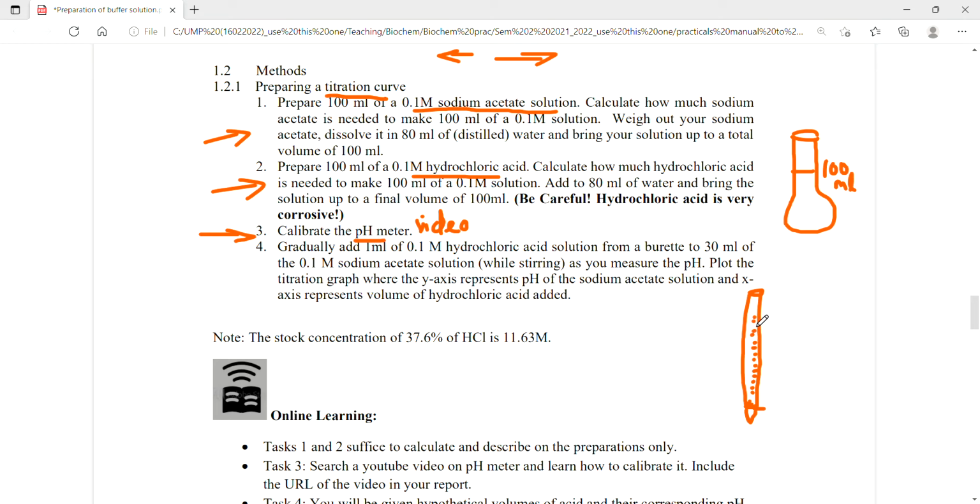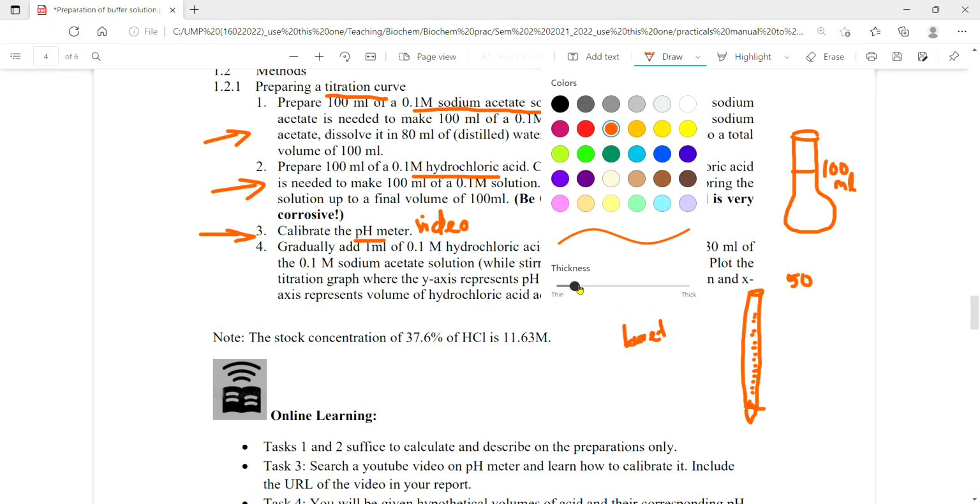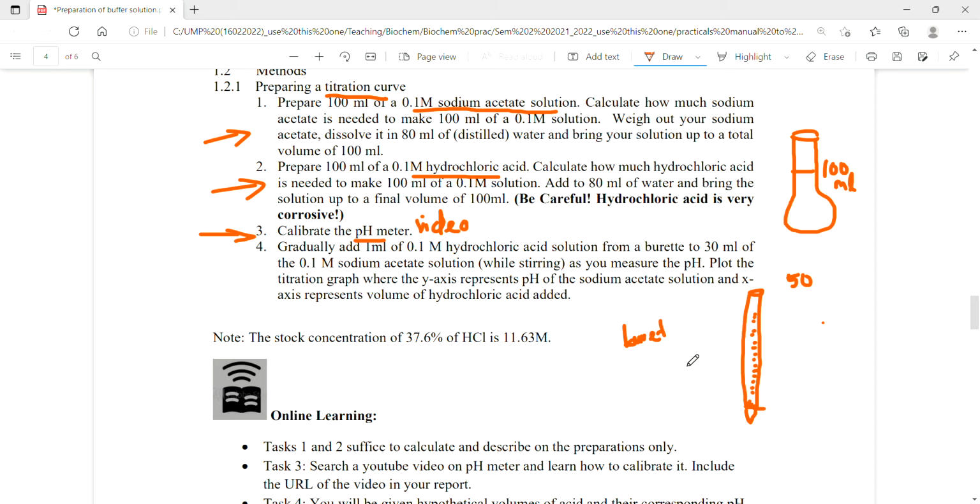Normally we use a 50 ml burette. Please have a look at what a burette is.